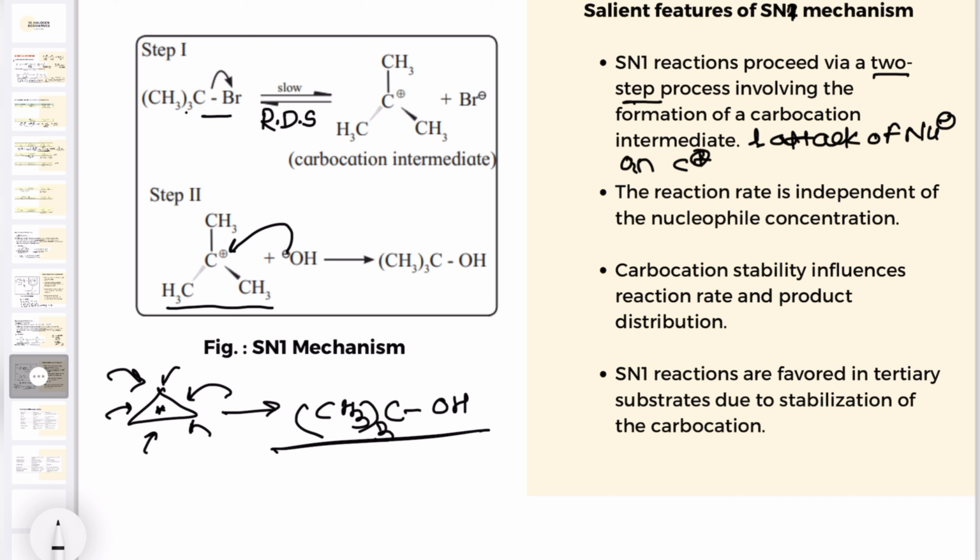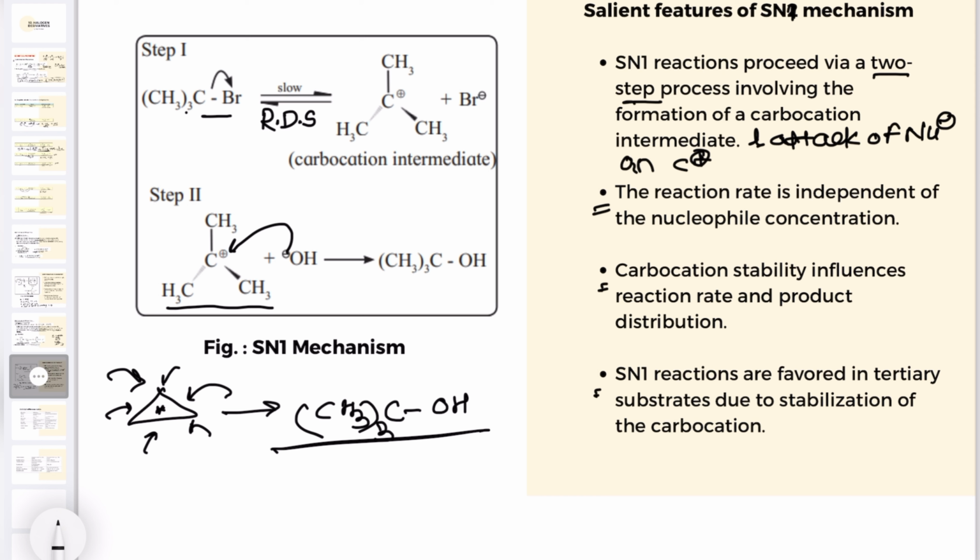This is the second step. Then the reaction rate is independent of nucleophile concentration. Very important point. The rate of this reaction does not depend on the concentration of the nucleophile because the reaction starts with the formation of carbocation. The next is carbocation stability influences the rate of reaction and the product distribution. It is also a simple point.